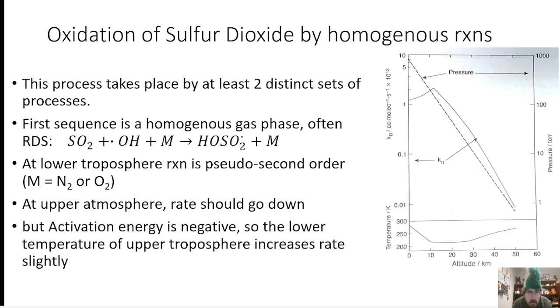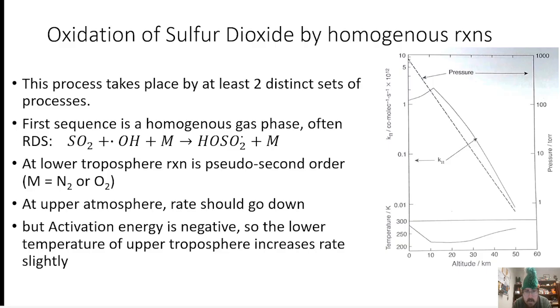Now, in the lower troposphere, the reaction is pseudo second order, meaning the third body M is essentially ignored because we have a lot of concentrations of nitrogen and oxygen. But in the upper atmosphere, the rate should technically go down.